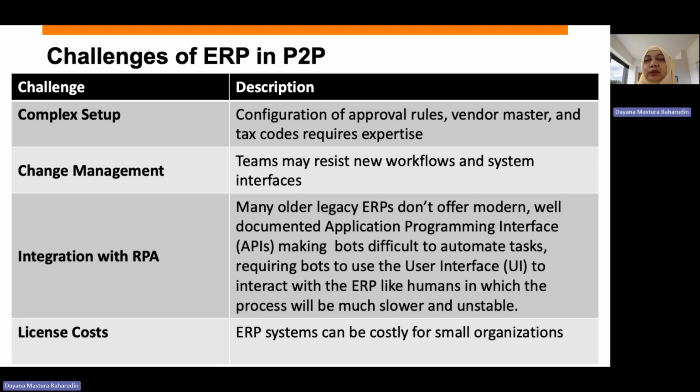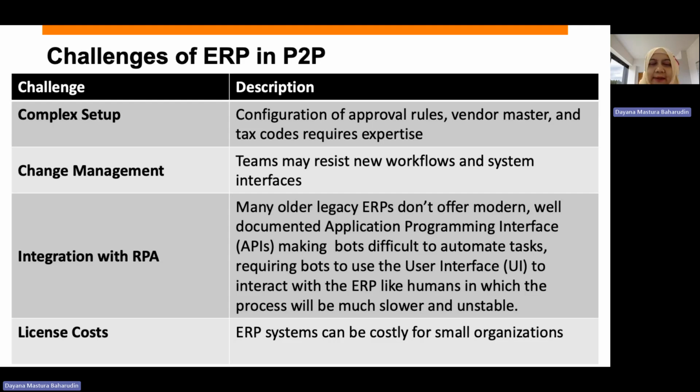Okay, because they want to streamline with the bots that they're having, because all these companies have the bots already in their ERP system, and they don't want things to go slow, because the process will be much slower and unstable. I'm just afraid that it might crash because it is not compatible, right? So once it crashes, oh God, you don't want to know the cost of trying to retrieve the lost data, and the time lost and everything.